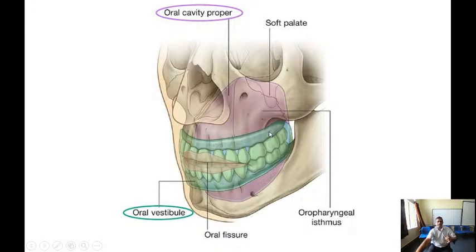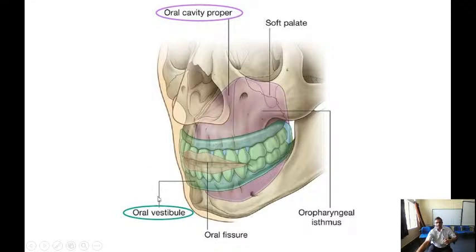That is the structure which opens into the vestibule, and that is the one which drains the secretions from the parotid gland into the vestibule, just opposite to the second upper molar tooth.